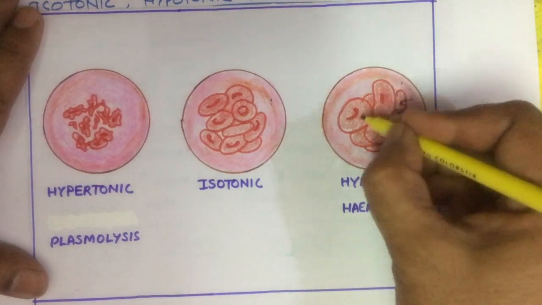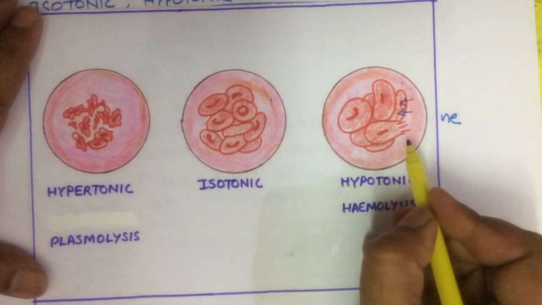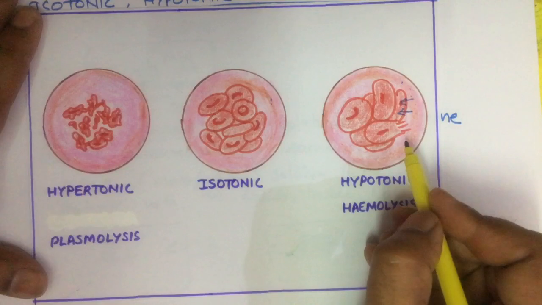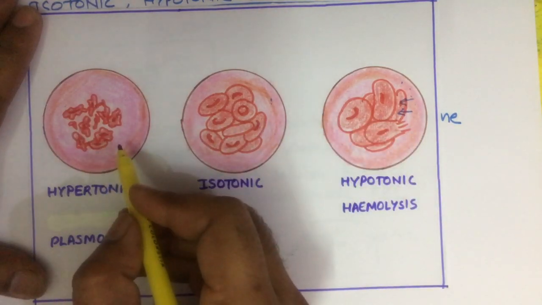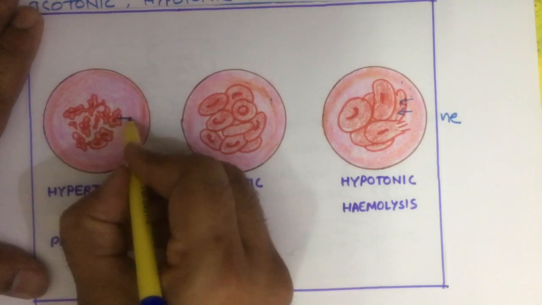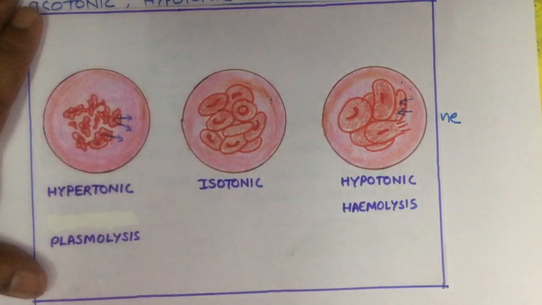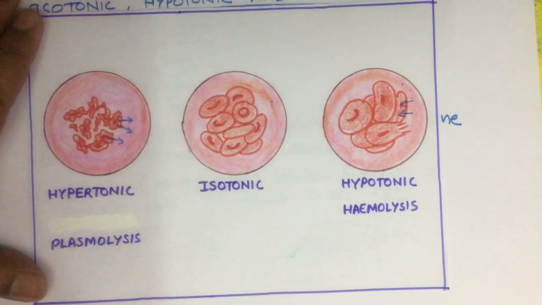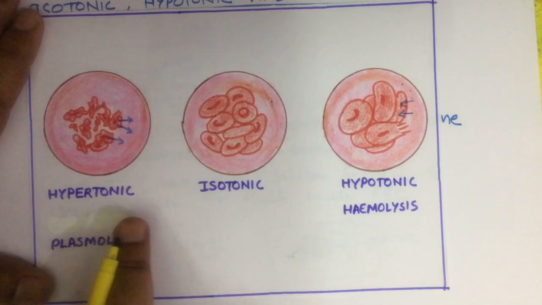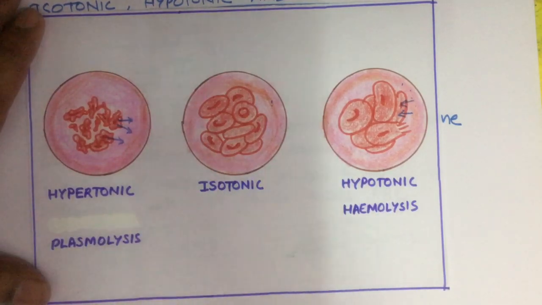As a result, the cell will swell up and ultimately get ruptured. This cell is getting ruptured. On the other hand, when it is placed in a hypertonic medium, meaning the outside concentration is more, the water molecules will move out through the semi-permeable cell membrane. As a result, the RBC will shrink. So these are the three types of solutions: isotonic, hypotonic and hypertonic solutions.